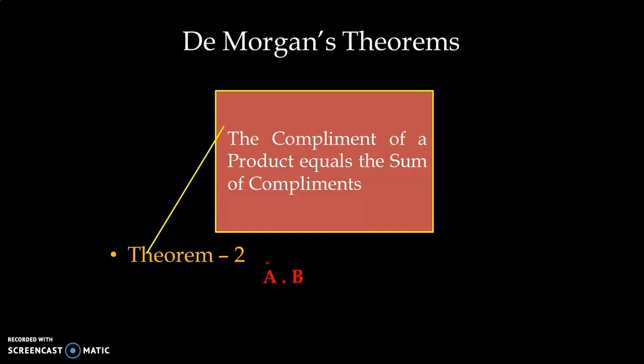For example, the product is A dot B, and the complement of A dot B equals A bar plus B bar, the sum of complements. We will use that theorem while implementing our logic circuit with only NOR gates.